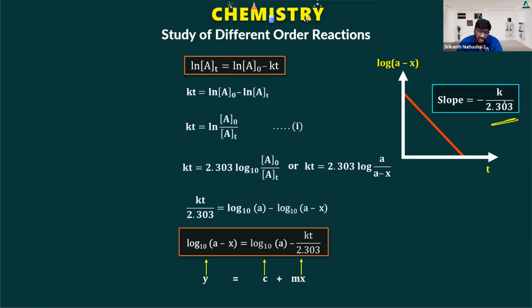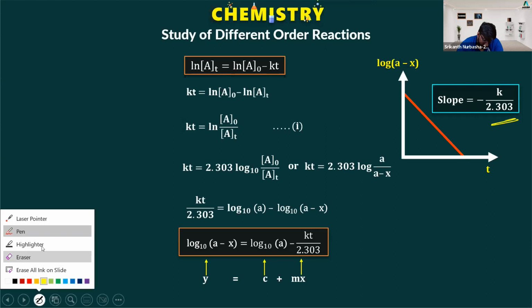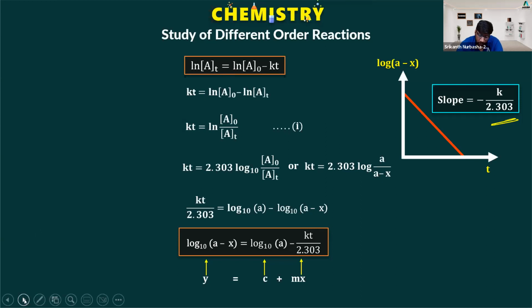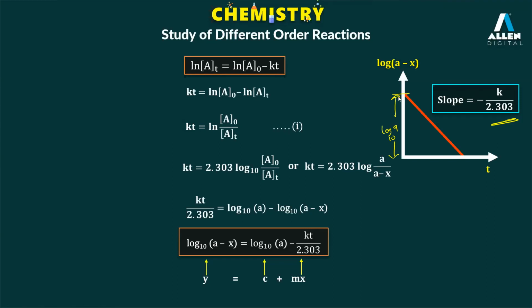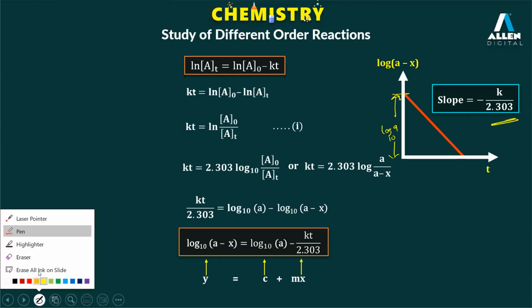This is your respective graph, a straight line with slope minus k by 2.303 and intercept logarithm of A to the base 10. Is everything clear, students, so far? Yes, sir.